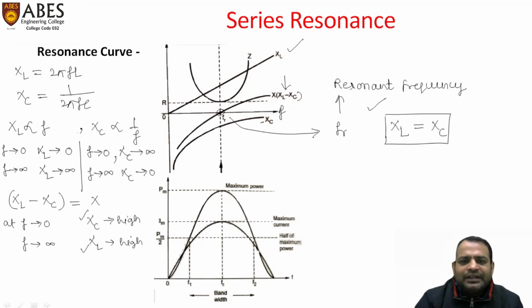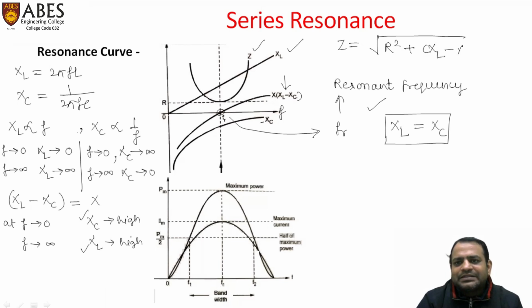Now, if we take the mod of this XL minus XC, we get this curve Z. Z is under root of R square plus XL minus XC whole square.